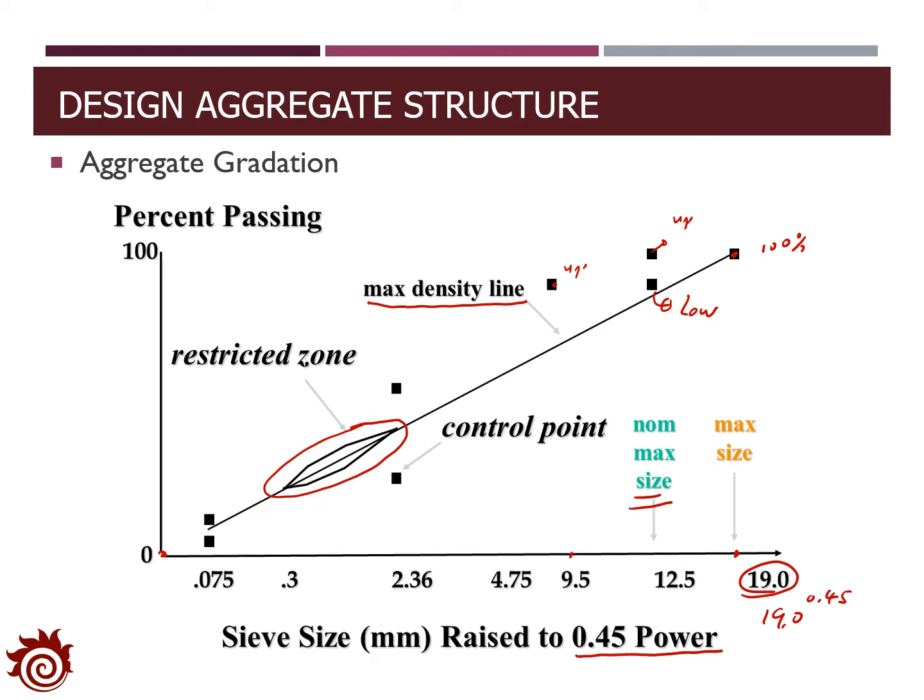With that, we can design some trial blends based on the constraints, and this will help us select an appropriate aggregate gradation. So we can choose something that will satisfy all the constraints and avoid the restricted zone.